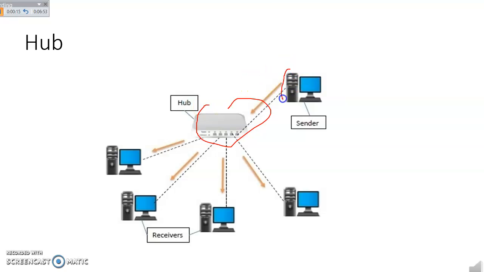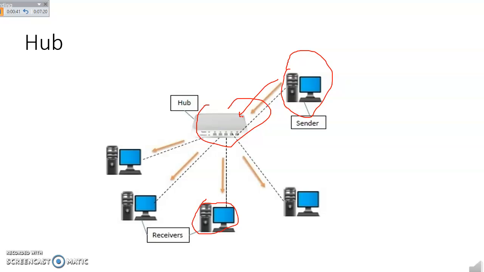Suppose this sender wants to send some packet or frame to this system. First, this sender sends this data to the hub, and the hub cannot read this message. So it cannot filter any data.